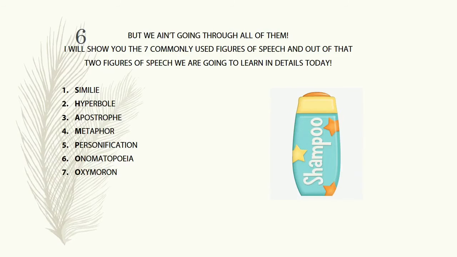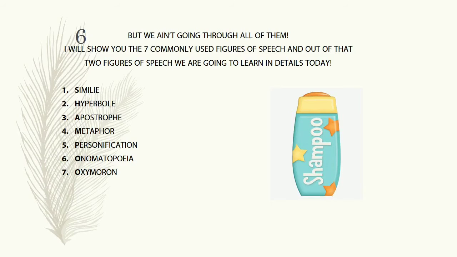So the 7 commonly used figures of speech are simile, hyperbole, apostrophe, metaphor, personification, onomatopoeia, and oxymoron. How to remember them, right? Just see the first letter of each word.